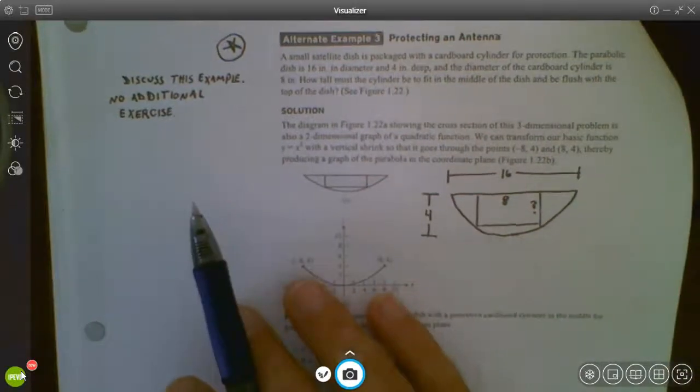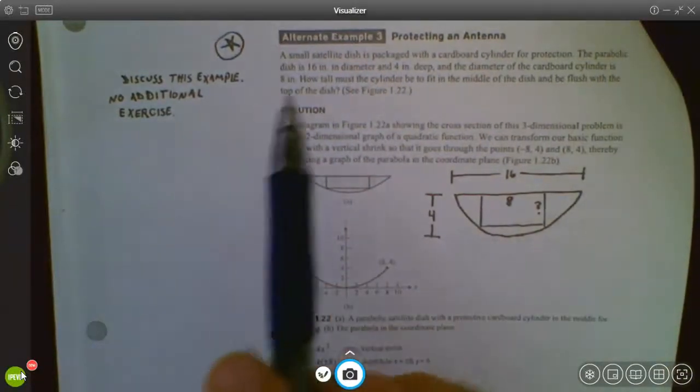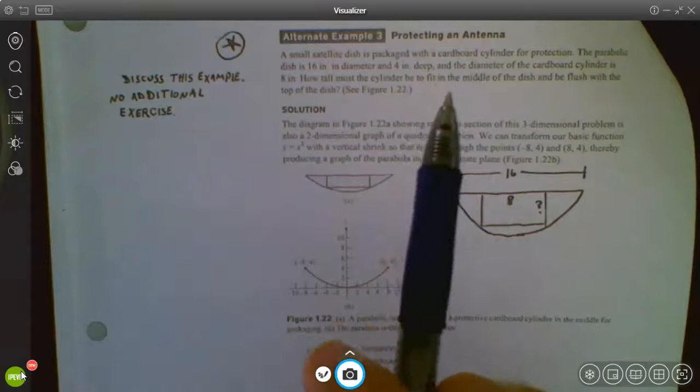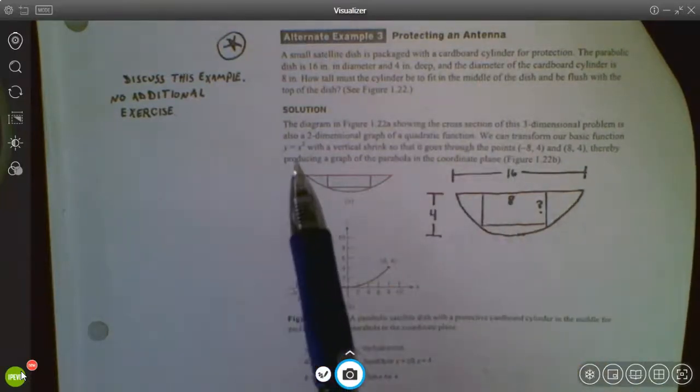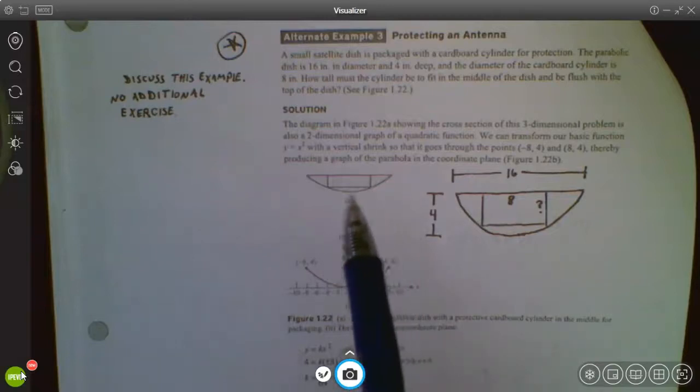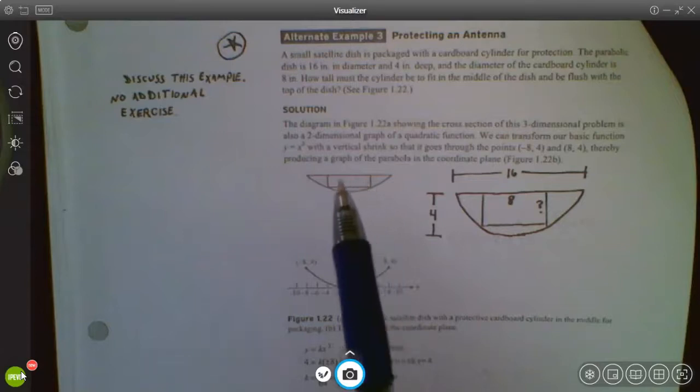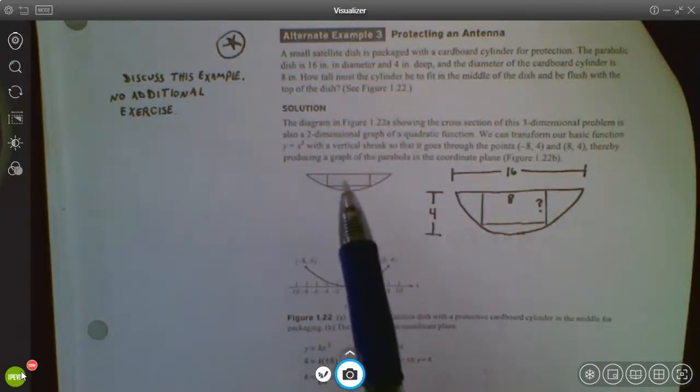What's being described here is a satellite dish with a cardboard cylinder for protection. Here is the satellite, and this cylinder, which looks like a rectangle because we're looking at it from the side, is actually a cylinder.